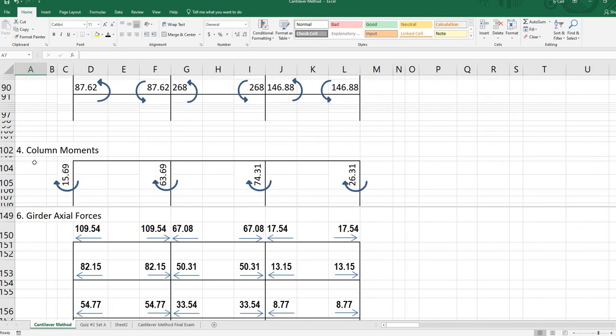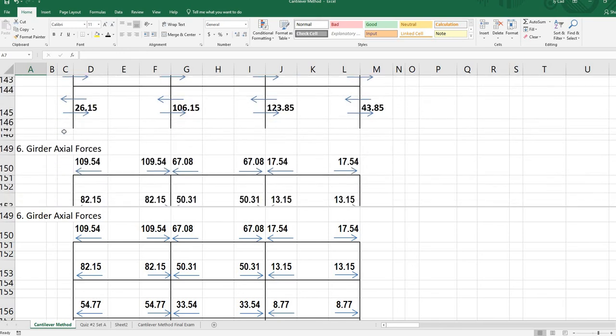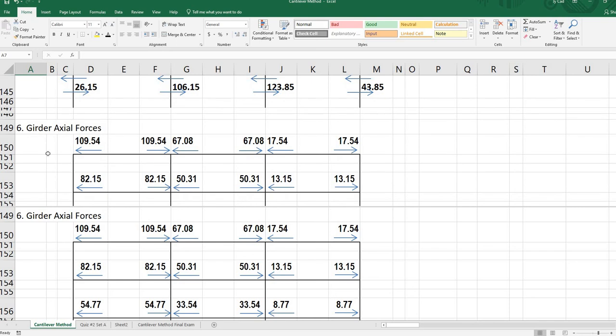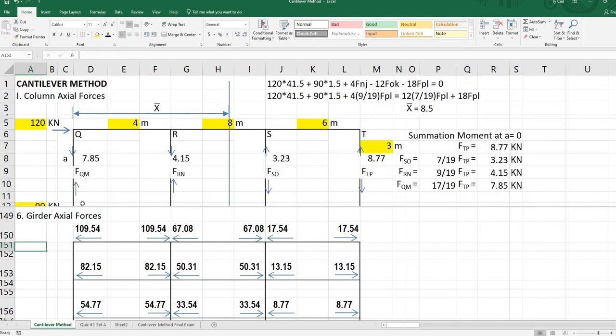Number 4, column moments. Number 5, column shears. And then number 6, girder axial forces. And they are all connected. Kapag mali tong girder axial forces mo, ibig sabihin, mali na lahat yung una mong isinolve. So, ganun lang kasimple. As I've said before, dapat sa first procedure pa lang, which is column axial forces, tama na dito.